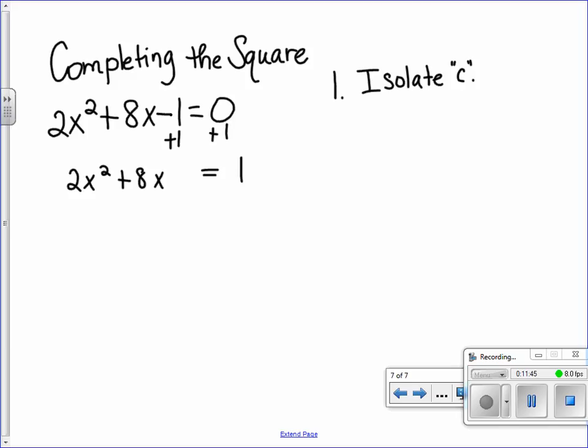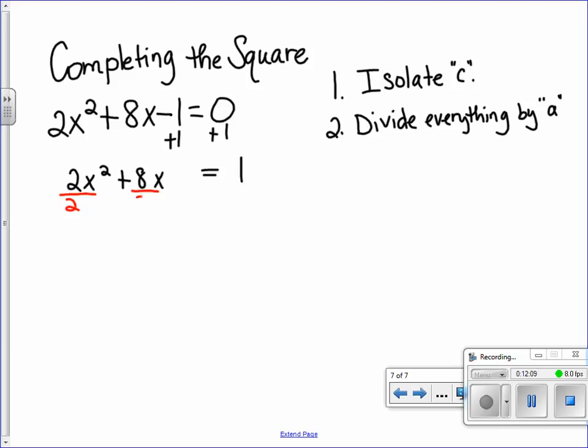Okay? Now the next step, sometimes you have to do it and sometimes you don't. But we need to divide everything by A. If A is 1, it doesn't really change anything to divide by A. But A is not 1.